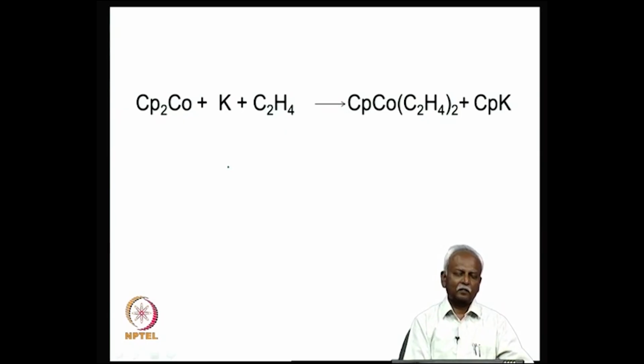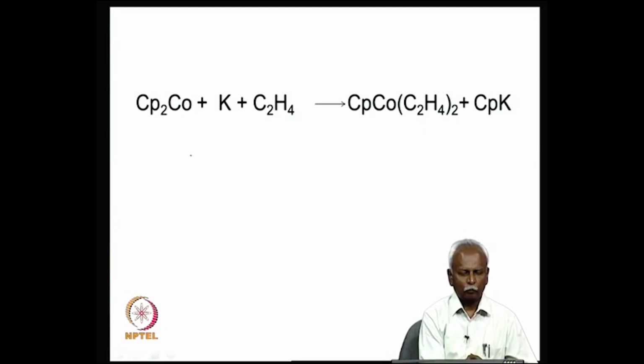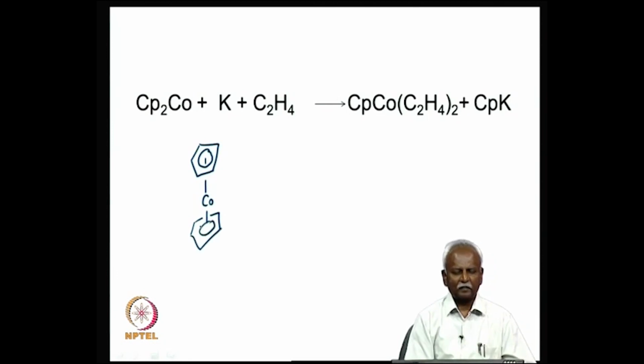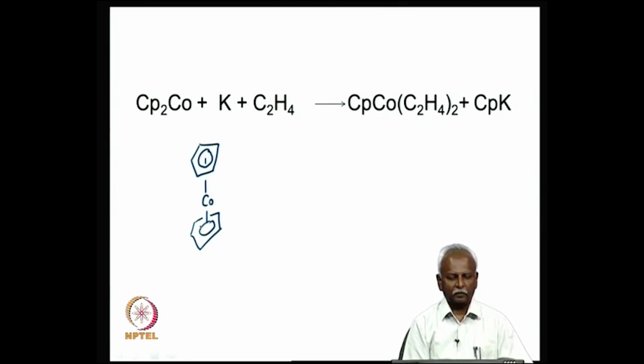In this instance, you have a bis cyclopentadienyl cobalt complex, and as you know, ferrocene is the only bis cyclopentadienyl complex that has an 18 electron structure in the +2 oxidation state. So, cobalt obviously has more electrons than necessary to form an 18 electron system.